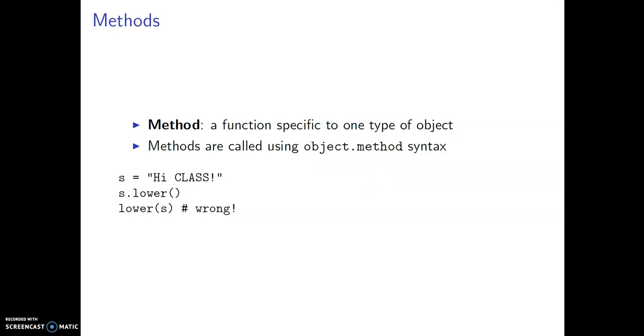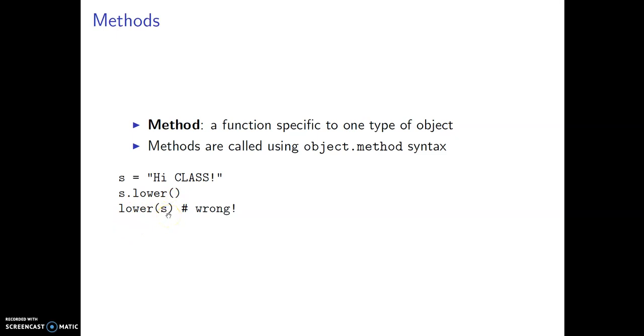this is a little different if you are coming from the R programming world. Let's say S is a character string that says High Class, okay? Notice Class is all capitalized. High is capitalized on just the first letter. So s.lower is correct here. If we just do lower(s), that's more like what we do in R, right? So this is wrong.